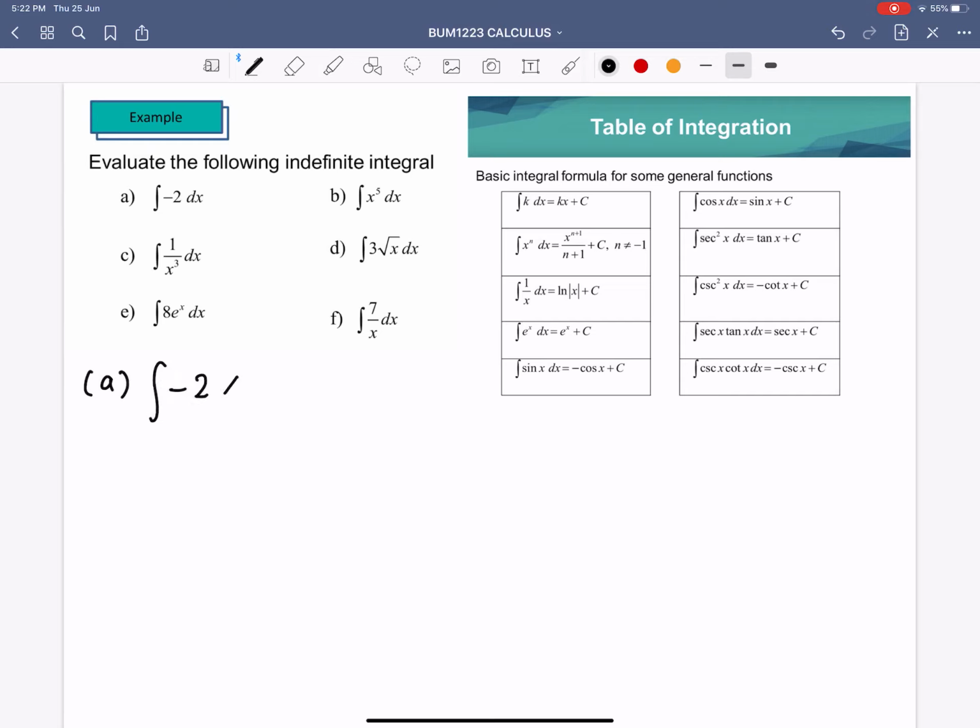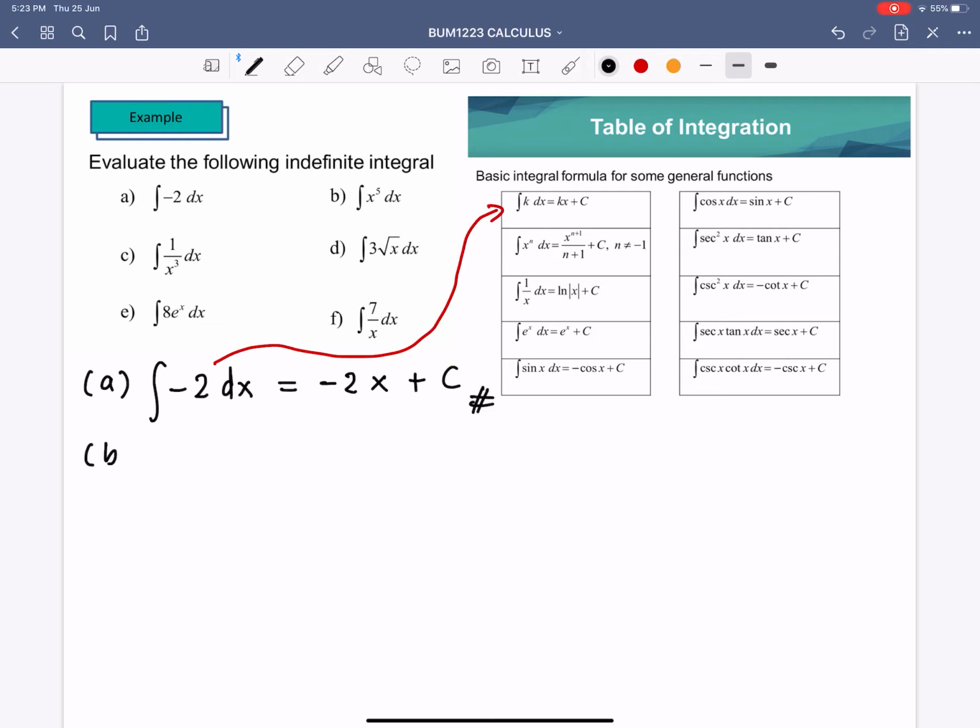If you see from the list of formulas given, negative 2 is actually a constant. So we're going to use this formula, because integration k dx, where k is a constant, gives the result kx plus c. In this case, our k is equal to negative 2. Therefore, integration negative 2 dx is equal to negative 2x plus c.